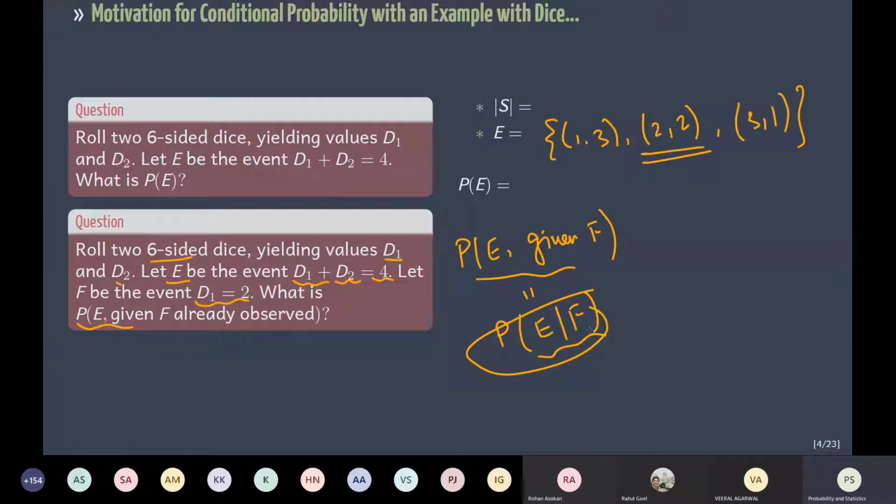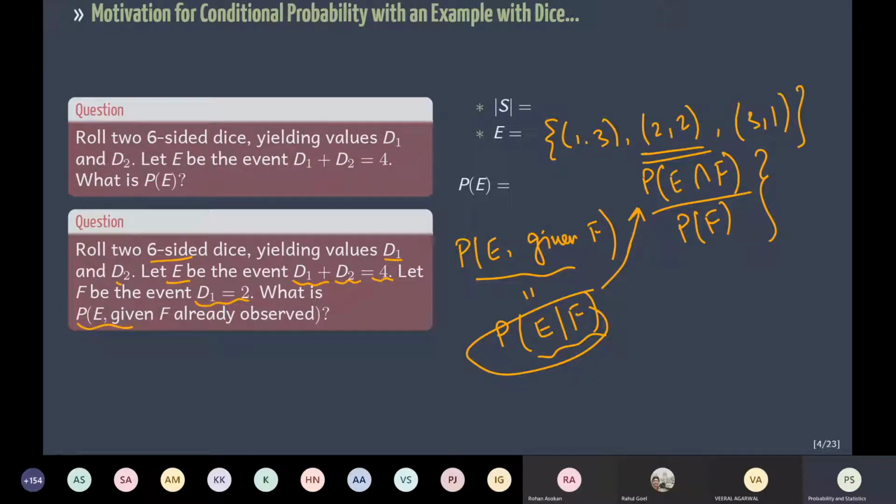The way we define the conditional probability will be like this: E given F is defined through E and F, given that F has happened. This is how conditional probabilities are defined.